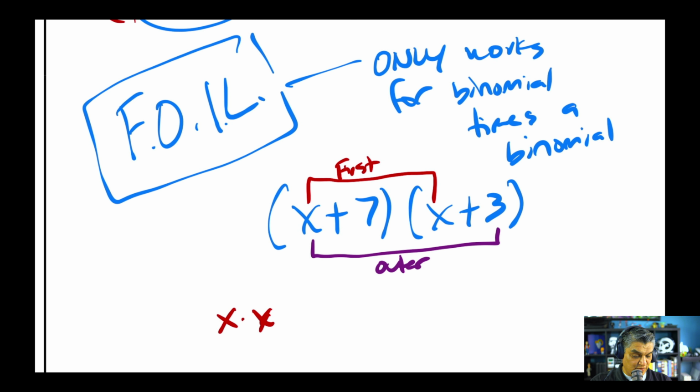So x times 3, or 3 times x. And then you do the inside terms. That's E, or they say inner terms. So that's plus 7 times x. And then the L is for the last terms. Multiply the last terms. Plus 7 times 3.